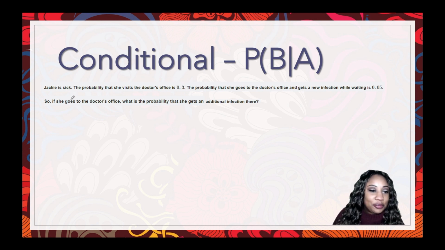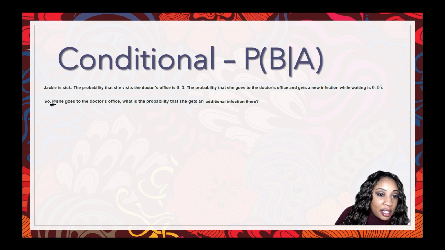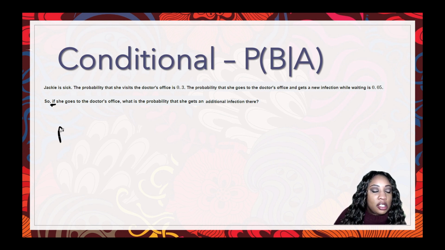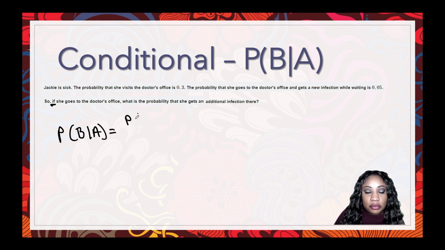It's if. If she goes to the doctor's office. That if means we are doing our conditional formula, which is the probability of B given A equals the probability of A and B over the probability of A.